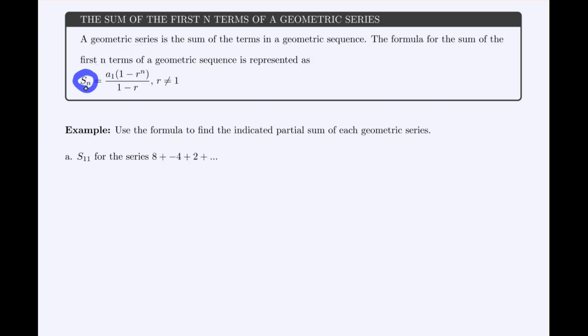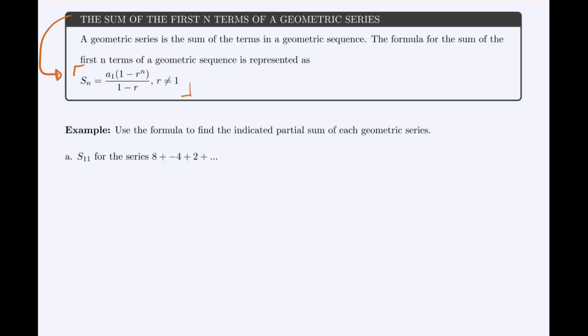In this case we know this is dealing with the geometric series because we've got our common ratio r, and it is equal to the first term times 1 minus the common ratio to the nth power, all divided by 1 minus r. So this will be an important formula to help us identify the partial sums for geometric sequences.